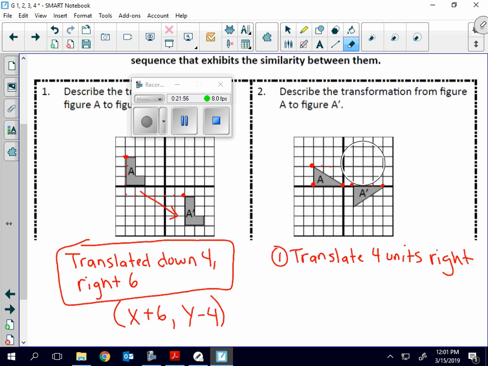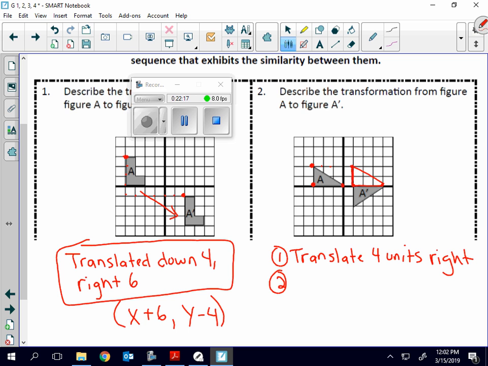Let me make that line a little bit better. Okay, there we go. My board is a little bit off here. So now it looks like that triangle. So I translated it 4 units to the right. What would be the next step to get it to look like the triangle with A prime?